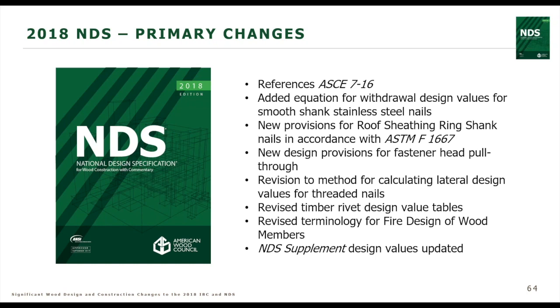So we added an equation for withdrawal of smooth shank stainless steel nails. We added some new provisions for roof sheathing ring shank nails that have been adopted into the ASTM F1667 standard. There's also some new provisions related to fastener head pull-through. That's a new limit state that you have to calculate.